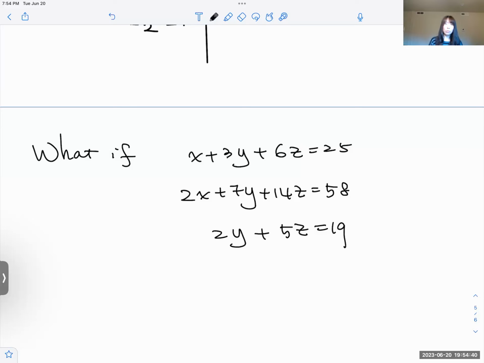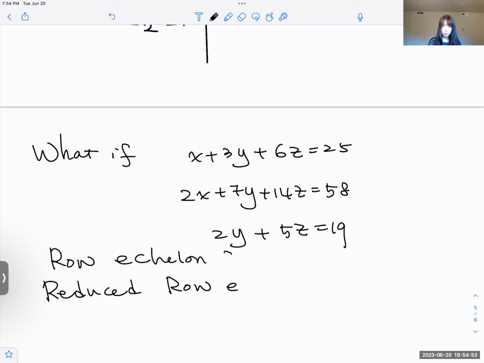So we are doing that, row echelon form first, and reduced row echelon form.